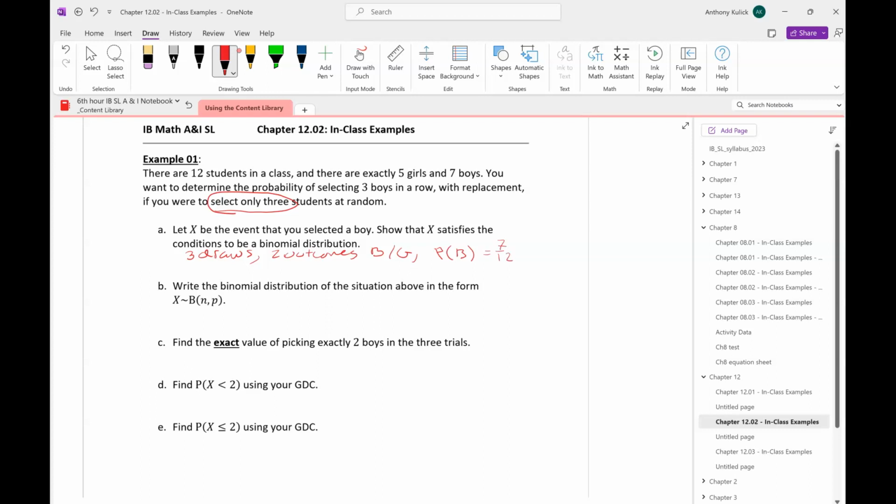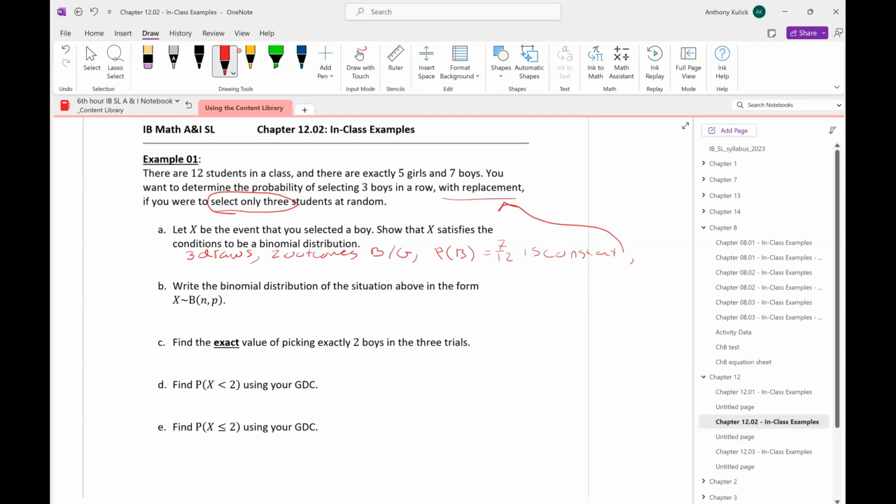There's a phrase in here that's telling you it's constant? With replacement. Yes, good. If there's no replacement, the probability of getting a boy each time is going to change, right?